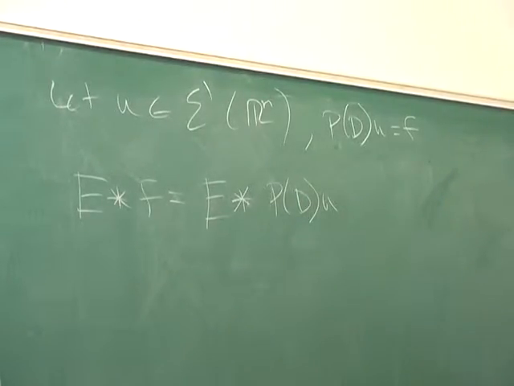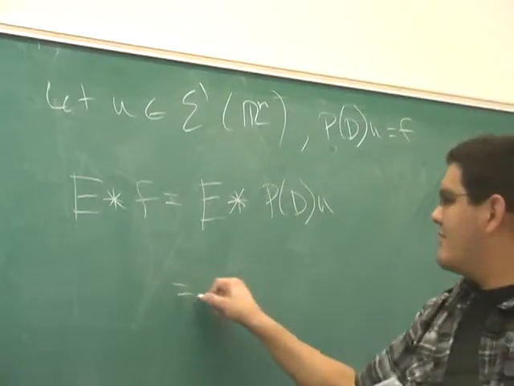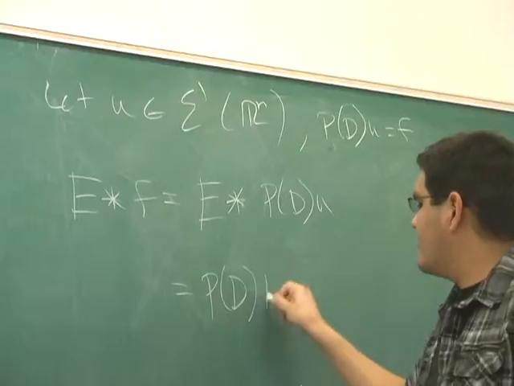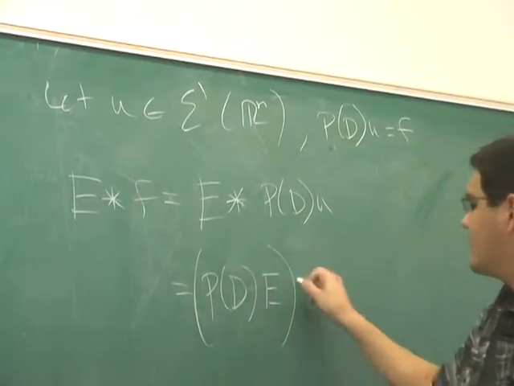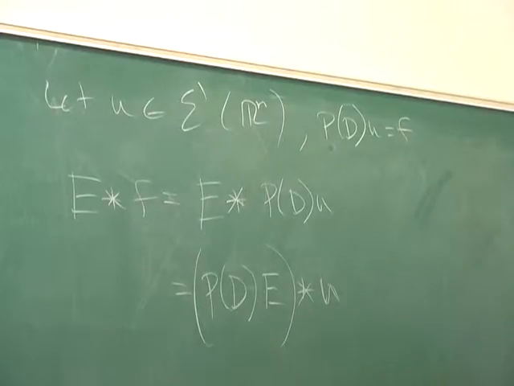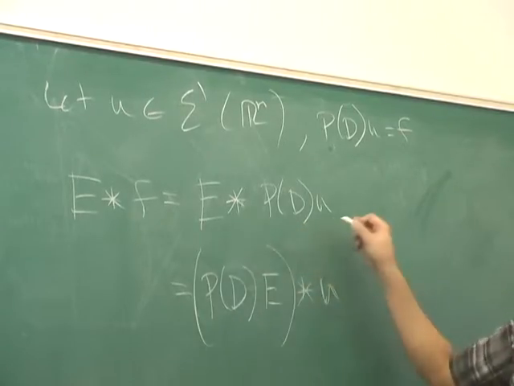And there's one step I don't really understand. They change this to P(D) E convolved with U. So I'm not really sure how they did this.